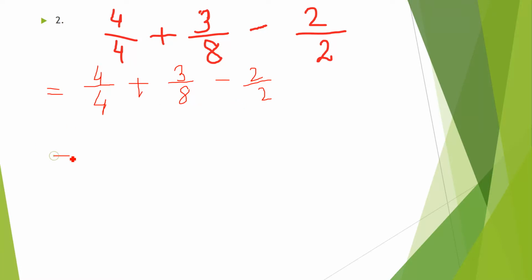Then you have to decide, okay, how can I make the denominator the same. See, this is 8. So if I multiply this 4 by 2, it will be 8. If I multiply this 2 by 4, it will be 8. So okay, do it. We have to make it 8. 4, 2 times 8, but you have to do the same operation in the numerator as well.